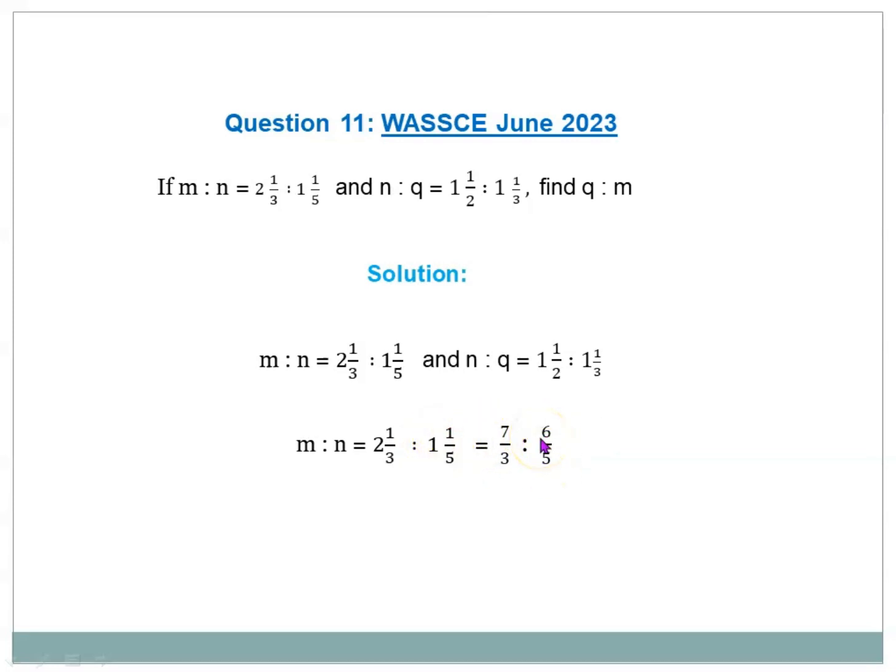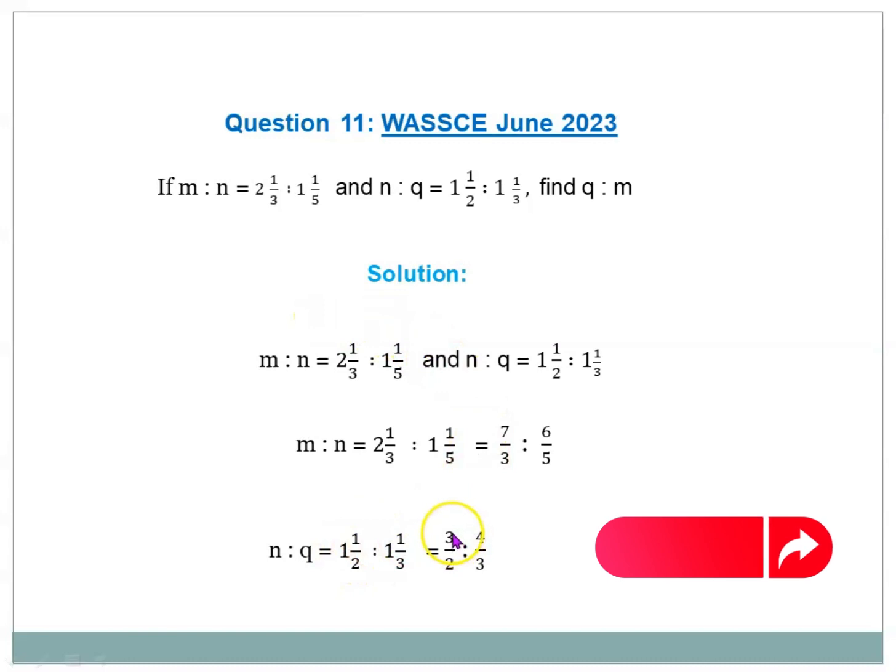So we change ratio m and n to improper fractions. Let's do the same thing for n and q. 2 times 1 is 2, plus 1 is 3 over 2. 3 times 1 is 3, plus 1 is 4 over 3. Now we have changed n and q to improper fractions, right?